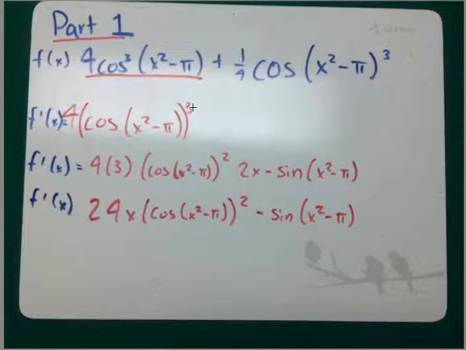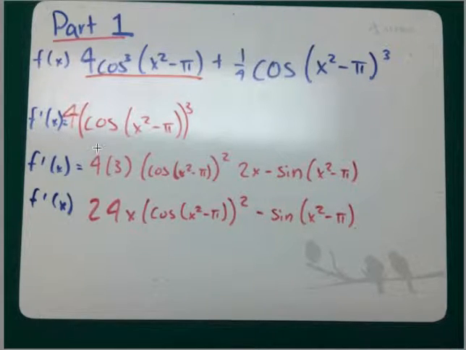This is n, so we put n here, then we put u to the n minus 1, which is 2, and then we put u prime. And this u derivative is 2x minus sine, because the derivative of cosine is negative sine, and then we write this without the derivative, which is x squared minus pi.